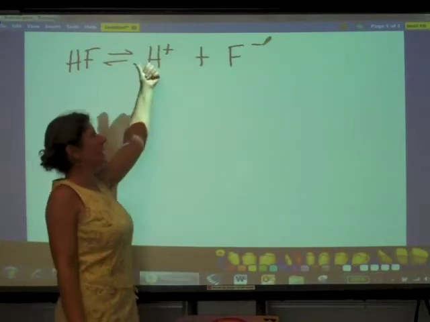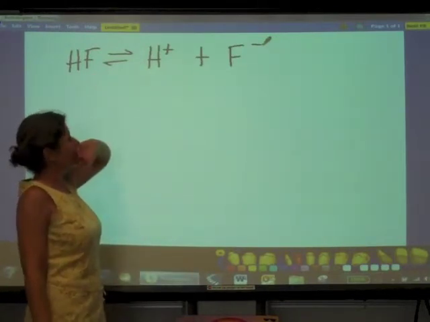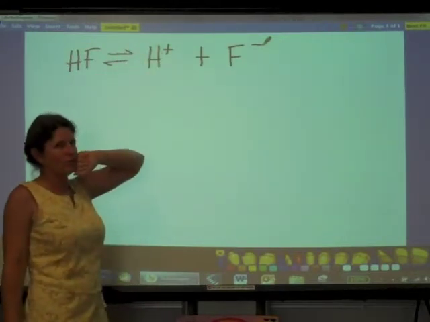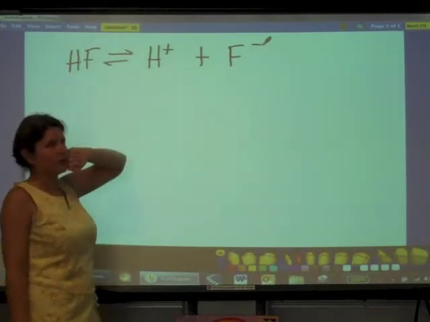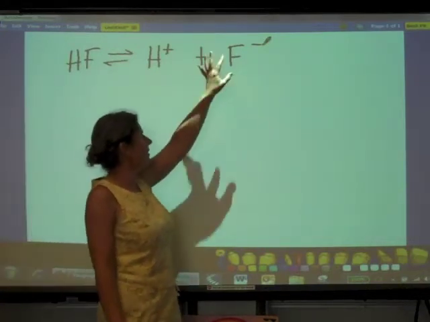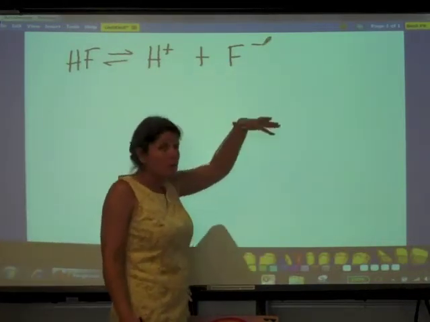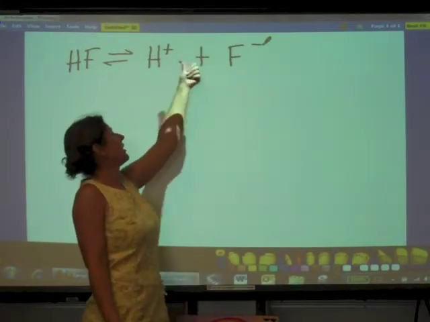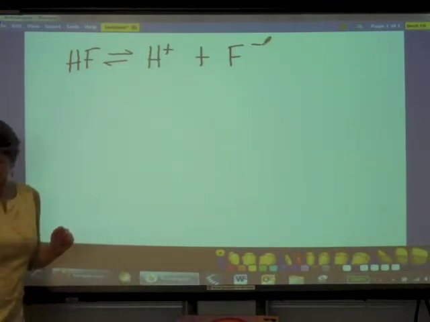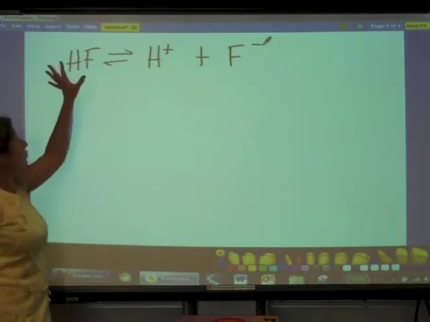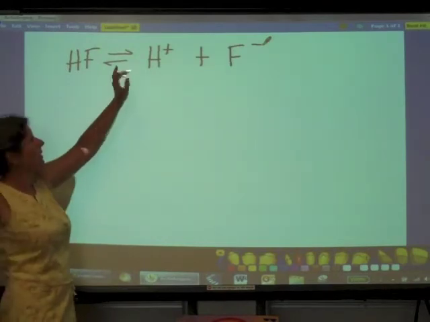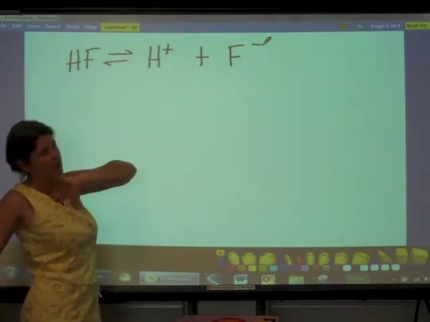It's going to drive this thing left, isn't it? So the amount of hydrogen ion that would normally dissociate is not going to be that way, because we have fluoride in there already from the sodium fluoride that's going to drive this thing left. Well, how much is it going to drive this thing left? That's what we've got to find out, because the position of the equilibrium, of course, is going to determine how much hydrogen ion we have in solution.